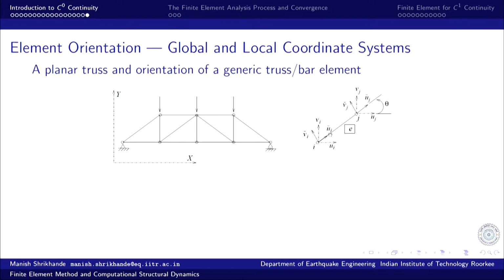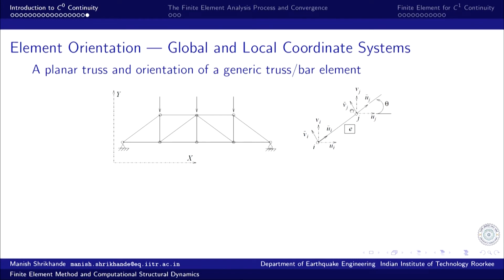Now, these are to be related to the degrees of freedom along the global frame of reference, that is u i and v i at node i, and u j and v j at node j. The member itself is oriented such that the local x axis of the member is at an inclination of theta with the global x axis, as you can see here.